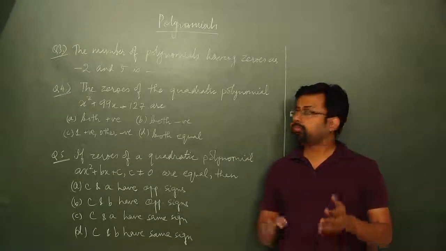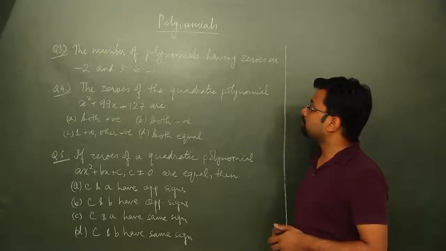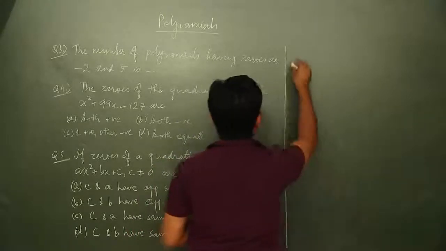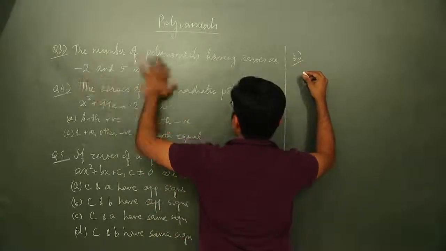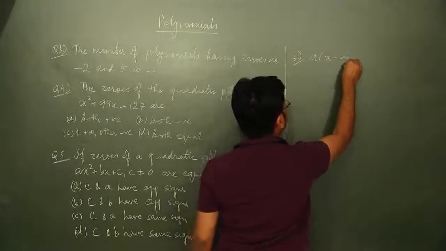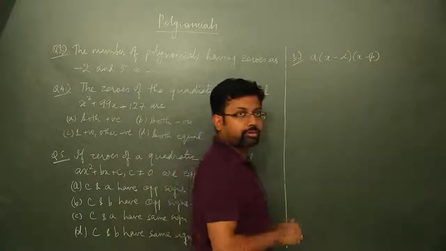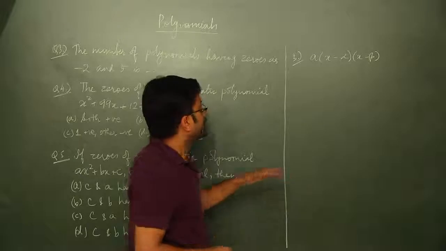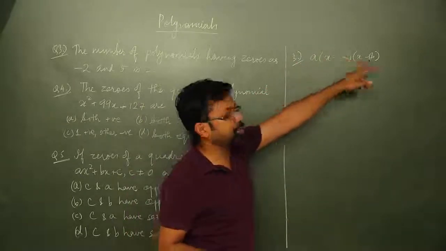Now let us take up these three questions. The first one says, the number of polynomials having zeros as -2 and 5 is. What is the general form of a quadratic polynomial whose zeros are given? It will be of the form, if we are talking only about quadratic polynomials, if -2 and 5 are the only zeros that it has, then the form of that quadratic polynomial will be this, where alpha and beta are the zeros.